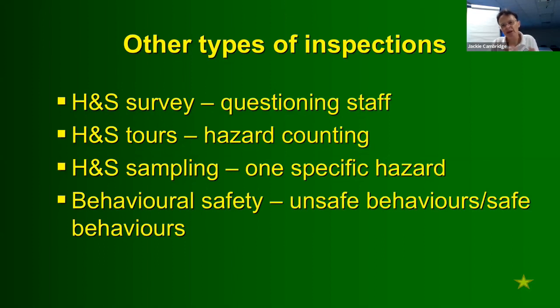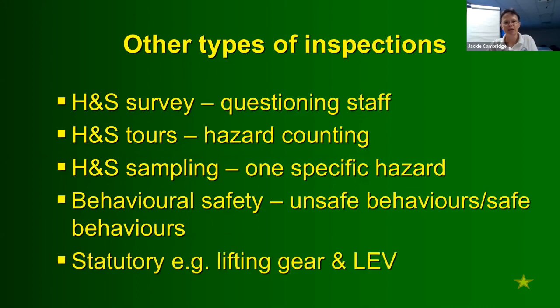When you do a behavioural safety observation, you ignore the equipment and the workplace, but focus on what people are doing that's good and what people are doing that's bad. You might target particular types of behaviour, let's say poor manual handling techniques. Again, you train people up to do the observation, and then you train people to challenge unsafe behaviours and try to get people to change their behaviour, explain why, and make improvements.